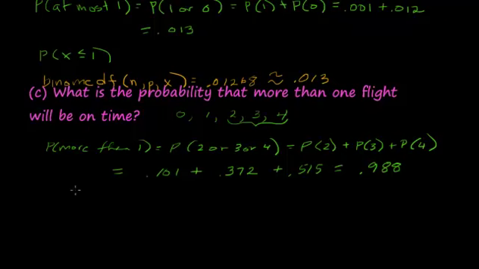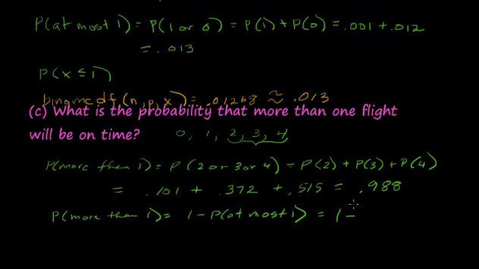Okay. So more than one and at most one are complements, so another way we could do that is to say 1 minus the probability of at most 1, because remember that was 0 and 1. This is 2, 3, and 4. And what did we get for at most 1?